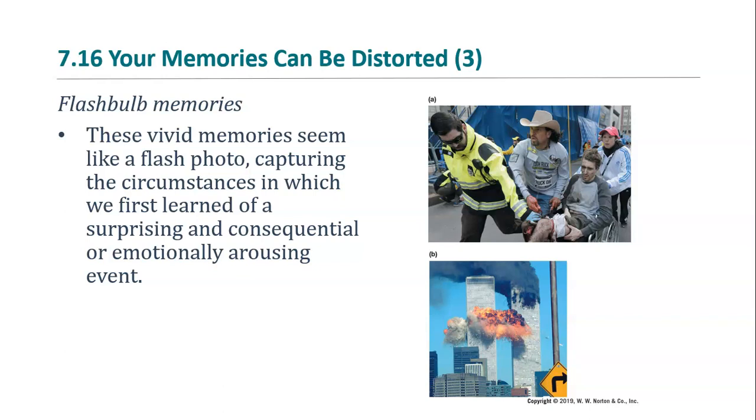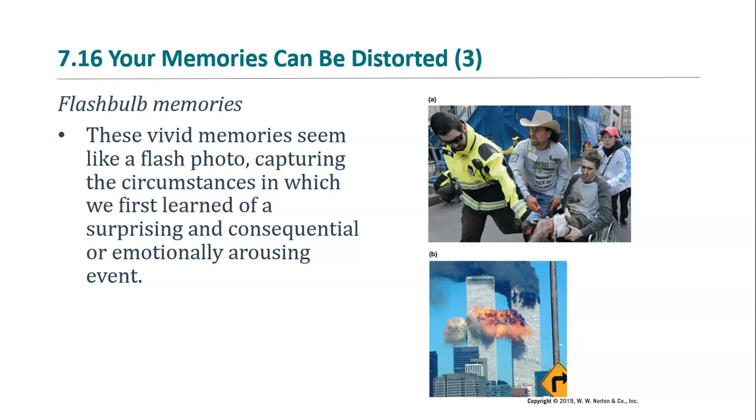And the term comes from the fact that newspapers used to rarely print pictures because it was very difficult and expensive. And the pictures that they took involved these giant box cameras, and they literally had a flash that burned to provide the lighting for the picture. So they would take a flash picture of only really significant events.